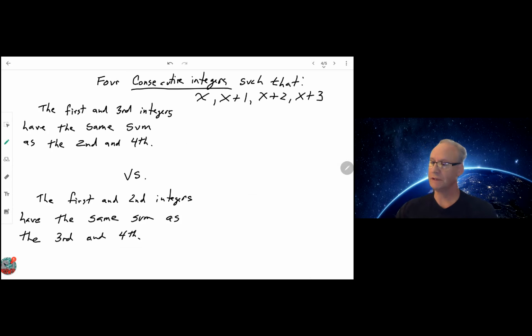And this first part says the first and third integers have the same sum as the second and fourth. So in other words, this is the first integer, and this x plus 2 is the third integer. Have the same sum as the second and the fourth. The second one is x plus 1, and the fourth one is x plus 3.